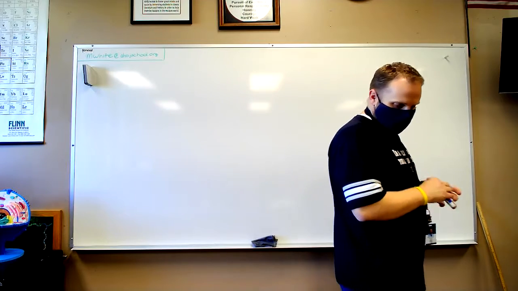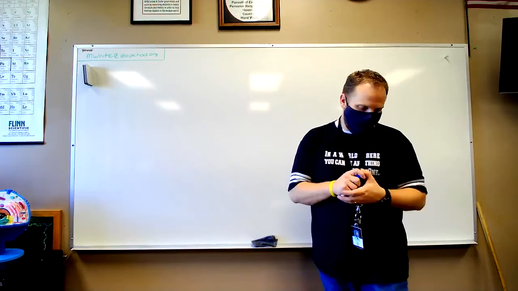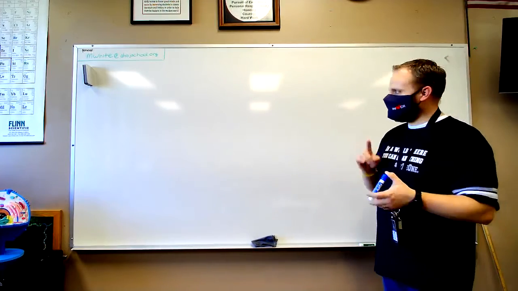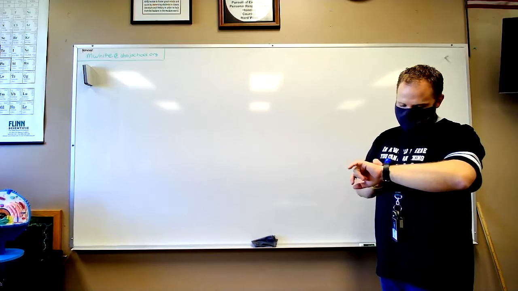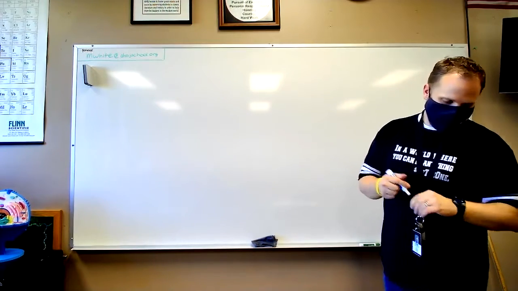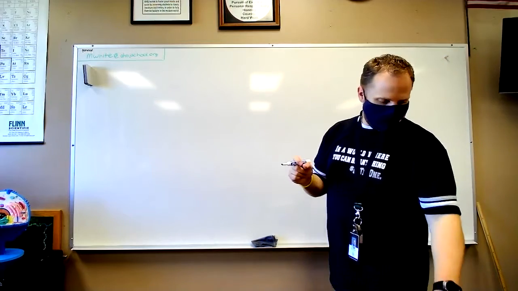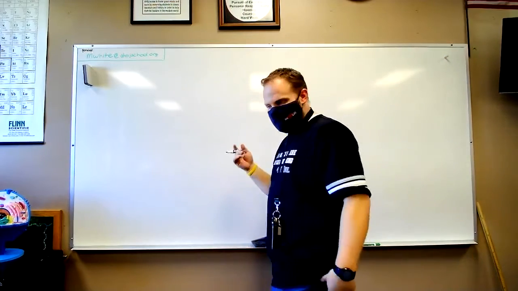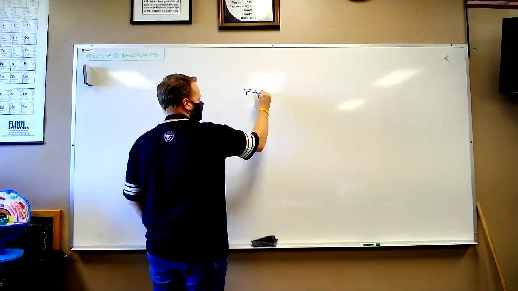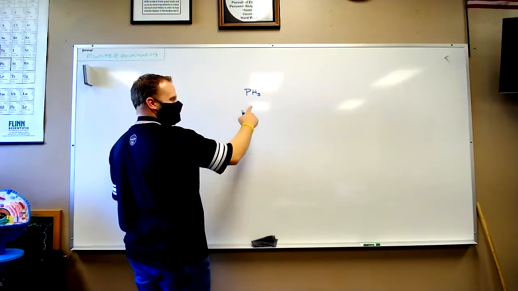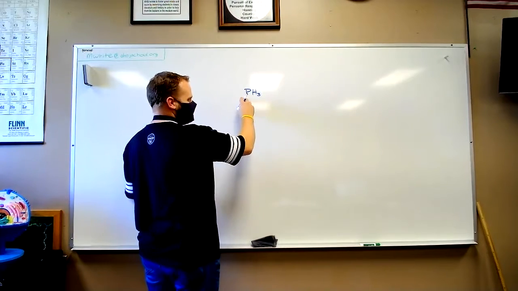Anyway, to figure out the shape, like we said, step number 1, we need to draw the Lewis structure. So PH3. As we said, if you have one thing with a bunch of hydrogens, that's going to be in the center.